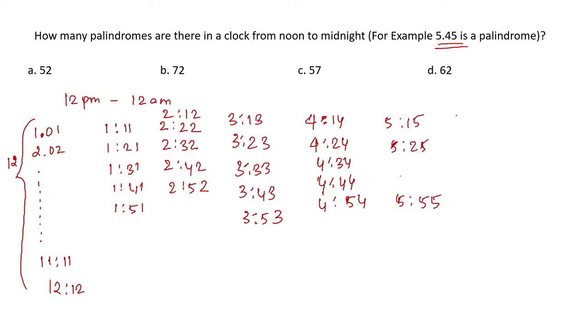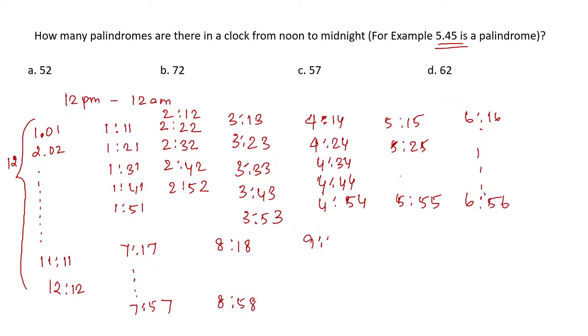And it goes for 6. So 6 starts with 6:06 and it goes until 6:56. And 7 starts with 7:07 and it goes until 7:57. Right? And for 8, it starts with 8:08 and it goes until 8:58. And for 9, it starts with 9:09 and it goes until 9:59.